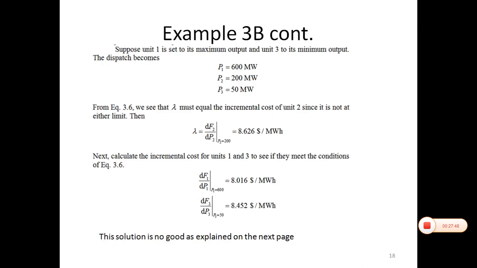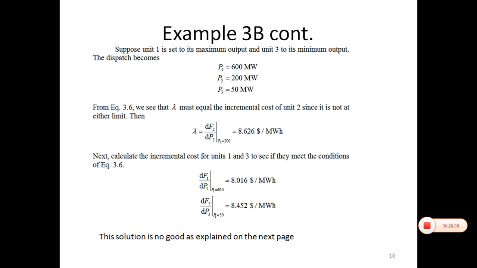we resolve this problem by putting unit 1 at its maximum output. We don't have any other option except to put P1 equals 600 megawatt because its value was exceeding, and unit 3 at its minimum output.